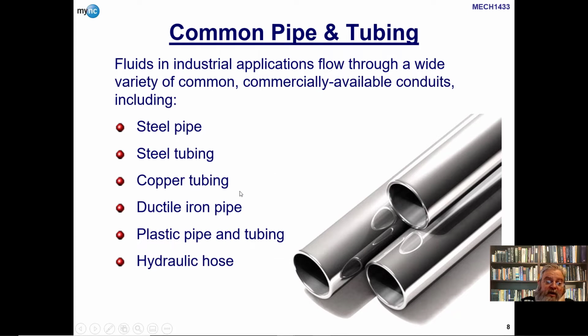But there's also other ones. There's copper tubing and plastic tubing for things like household plumbing applications and industrial plumbing, and there's ductile iron pipe for lower pressure water flows, and then there's hydraulic hoses, and there's all sorts of these that we're going to potentially encounter, but we're going to keep our focus to just a couple of them. Basically pipes and tubes for the most part.